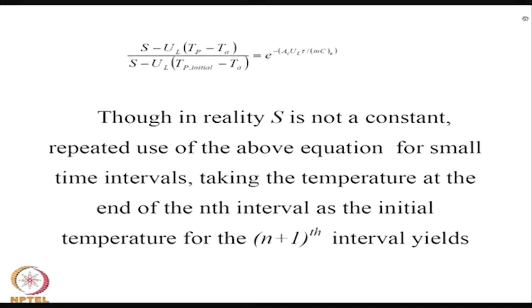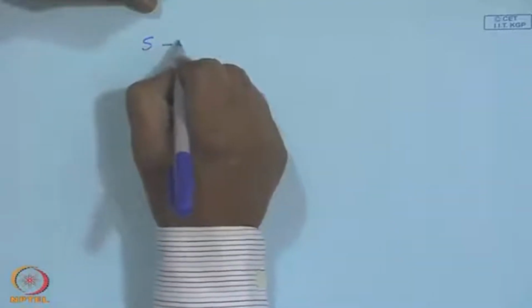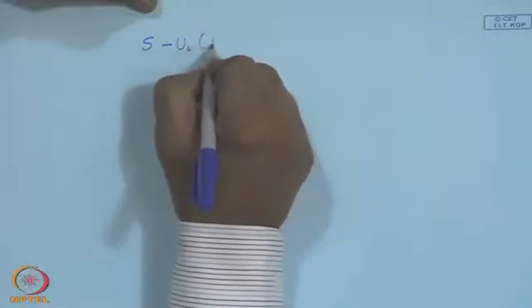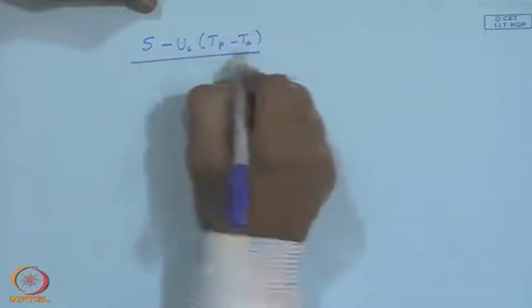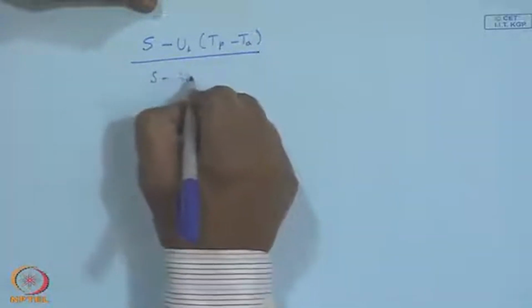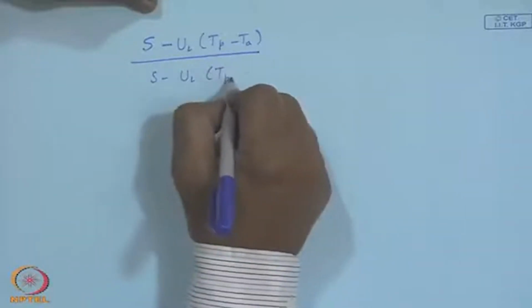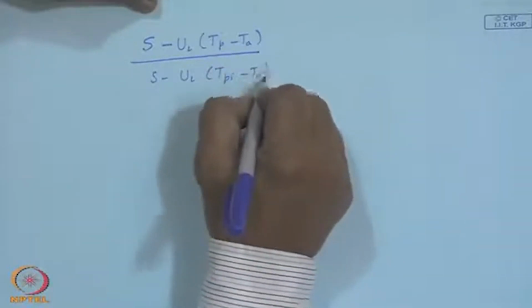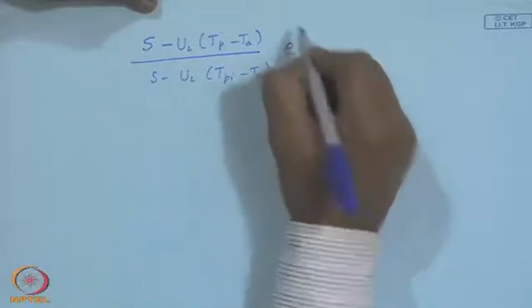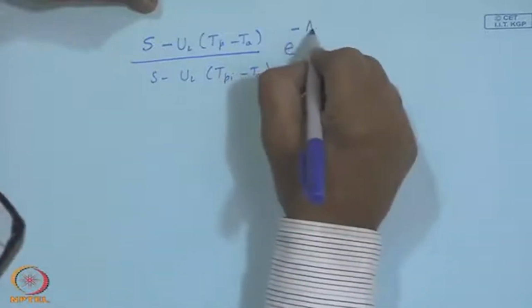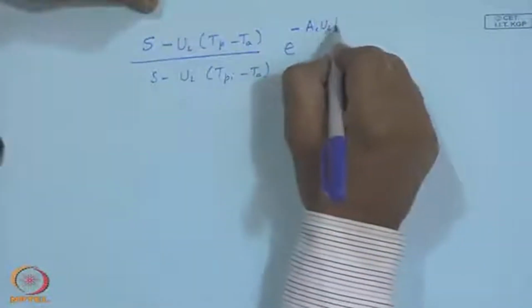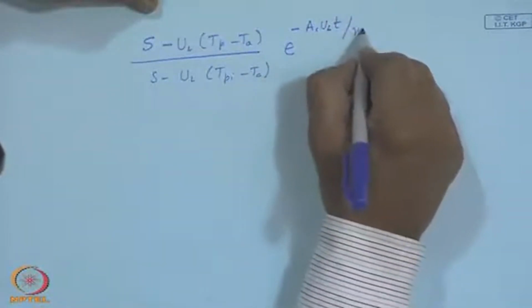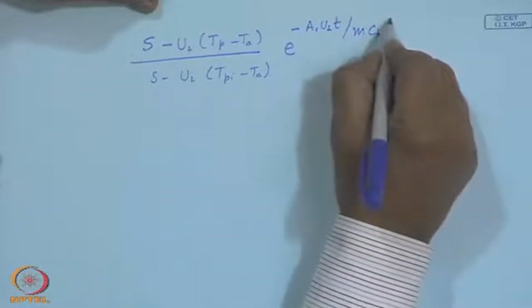So, you will have (S minus U_L times (T_p minus T_A)) upon (S minus U_L times (T_p initial minus T_A)) equal to e to the power minus A_c U_L time by (m C_p).